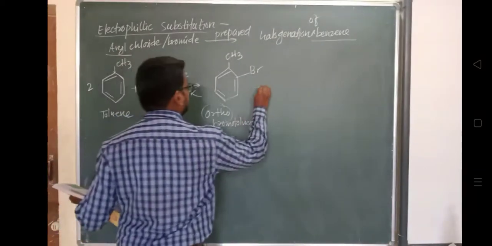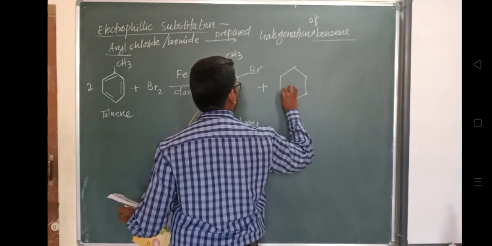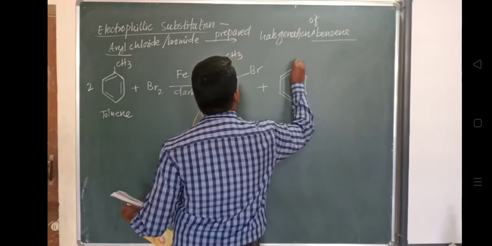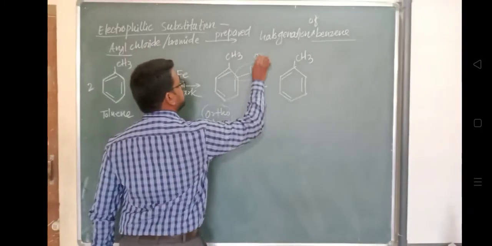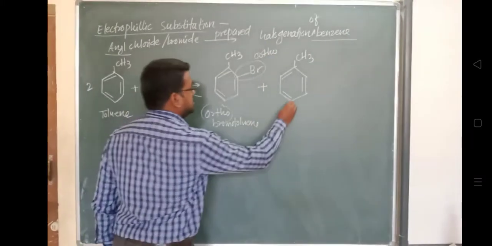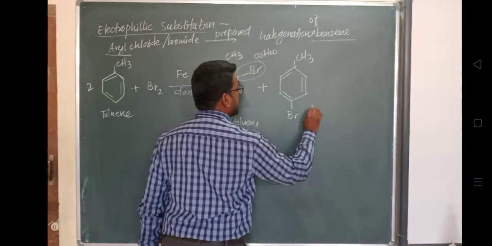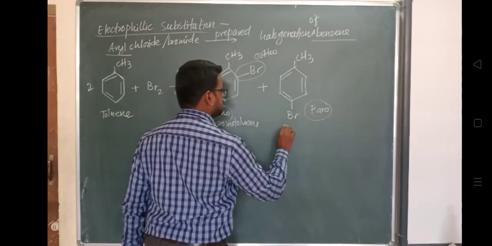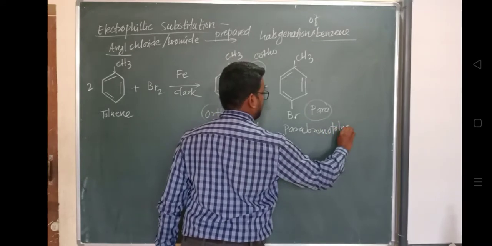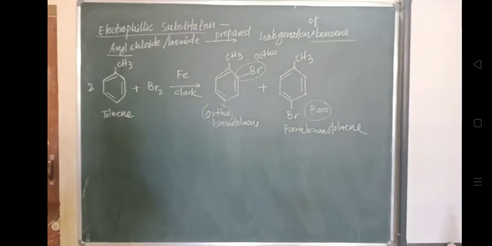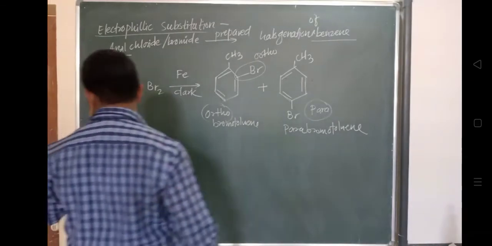Now for the other one, toluene CH3 and another bromine. The earlier ones are ortho positions. Now this is called the para position. This other bromine, which is attached here, is at the para position, and that's why it is called para bromotoluene, plus HBr.